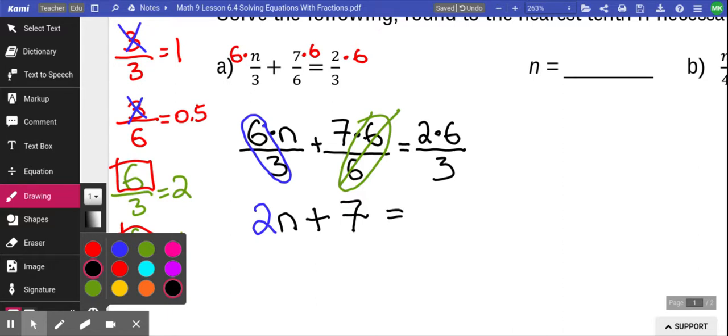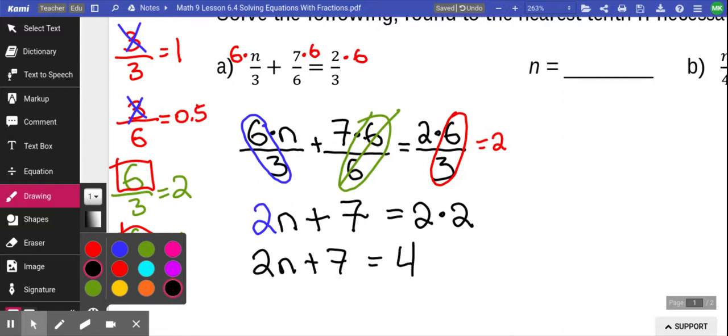Equals. If I look at this, 6 divided by 3 would equal 2. That means I now have 2 times 2 on the right side. Meaning I have 2n plus 7 equals 4.